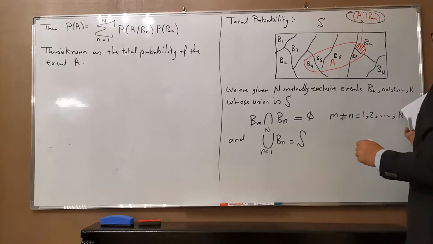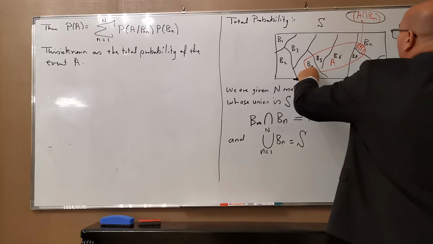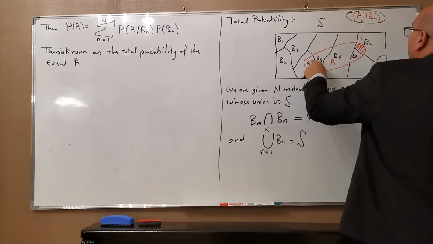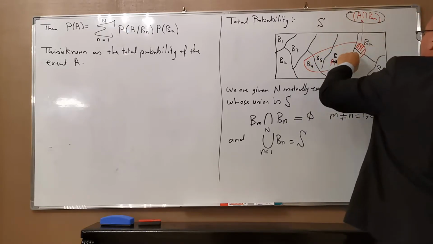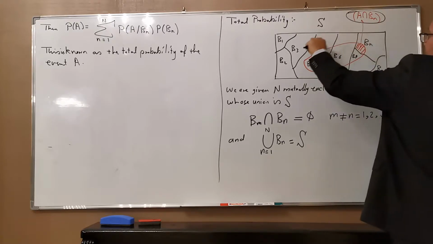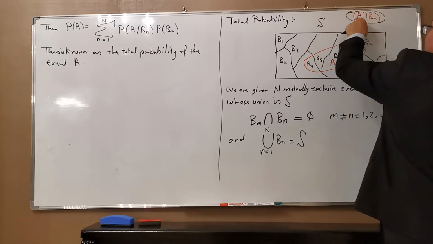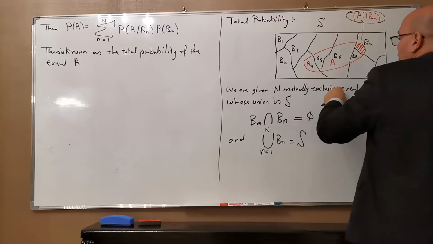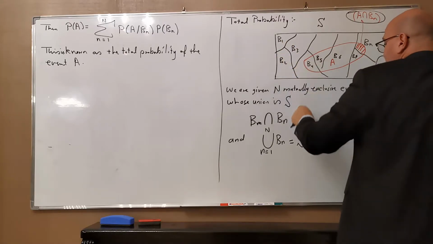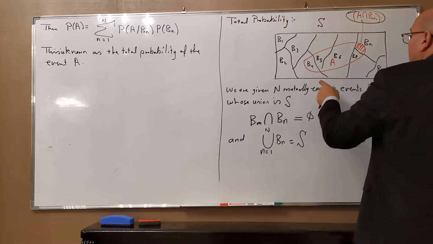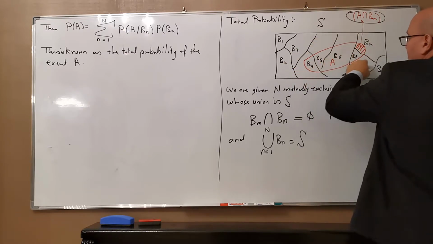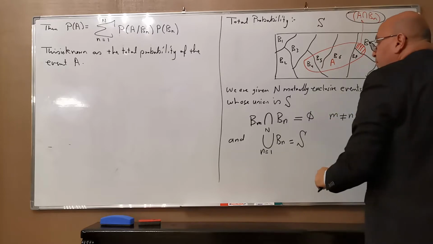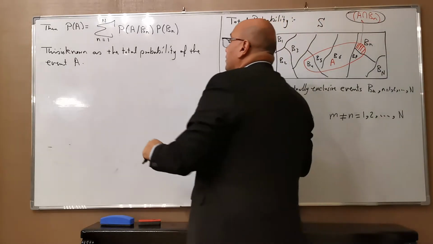In this case, you have A intersection with B4, A intersection with B5, A intersection with B6, and all those events are also disjoint events because the Bn's are disjoint. So the probability of those events together is the total probability, which is the probability of A.